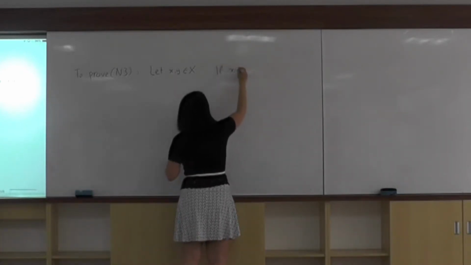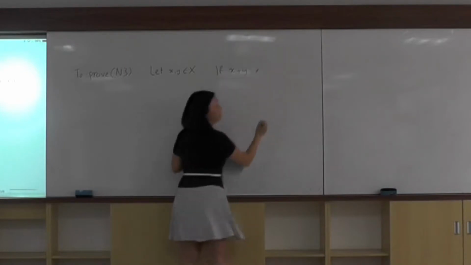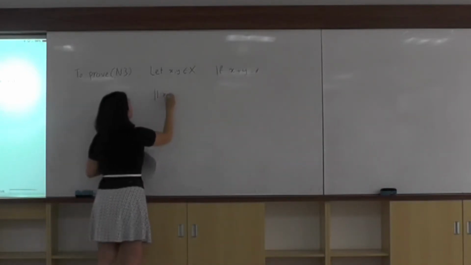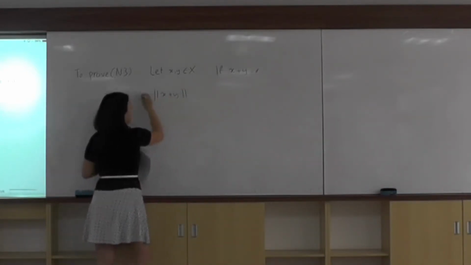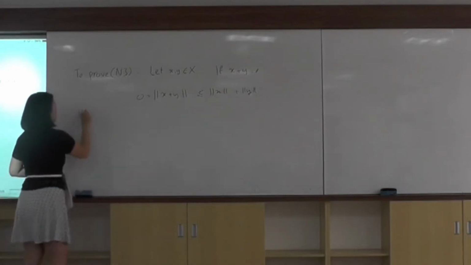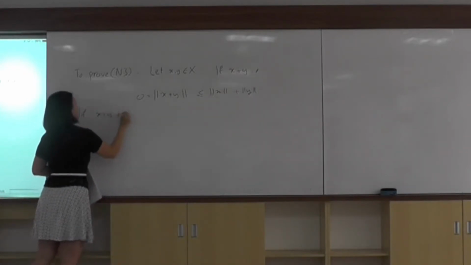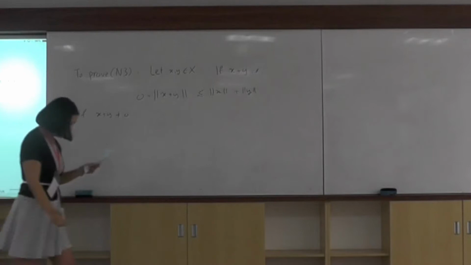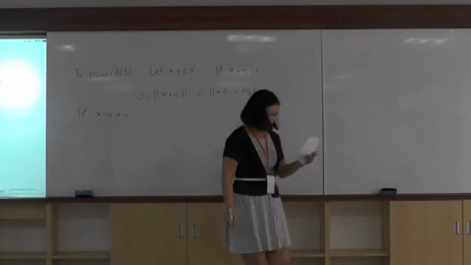If x plus y is 0, then it's easy, right? Because the norm of x plus y will be 0, and this is always true. Okay, so we don't consider it.